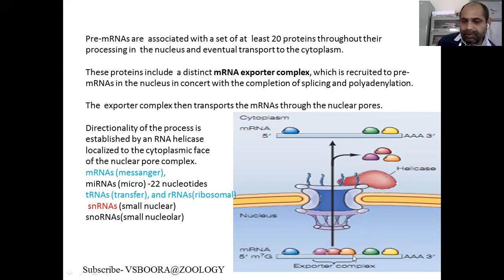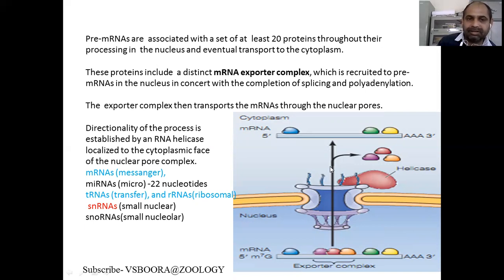This complex is responsible for the export of the mRNA molecules, and there are no specific exporting molecules responsible for the export of mRNA. A large number of protein molecules bind throughout the length of the mRNA, and it is exported into the cytoplasm from the nucleoplasm.